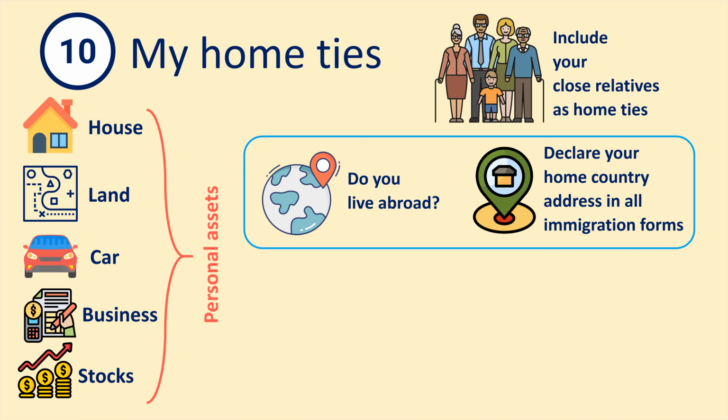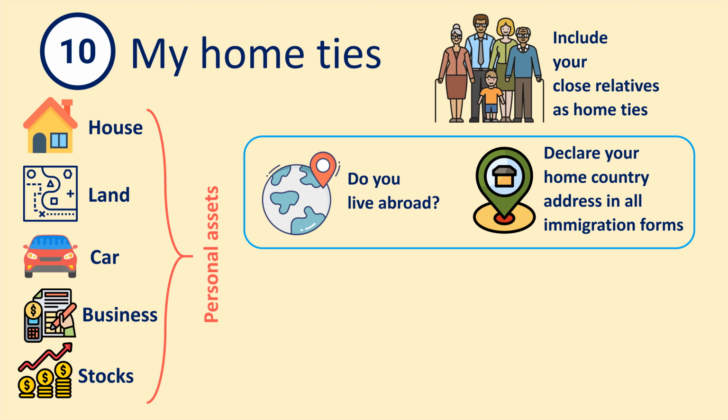I strongly advise you to declare only your home country address in all your immigration forms. If you are currently working overseas, declare it but submit your visa application to your home country to avoid being refused due to immigration status in country of residence.